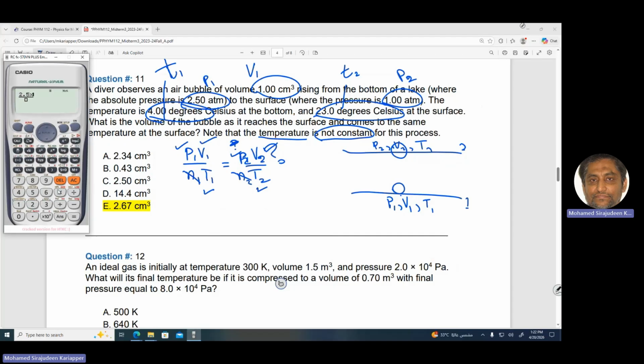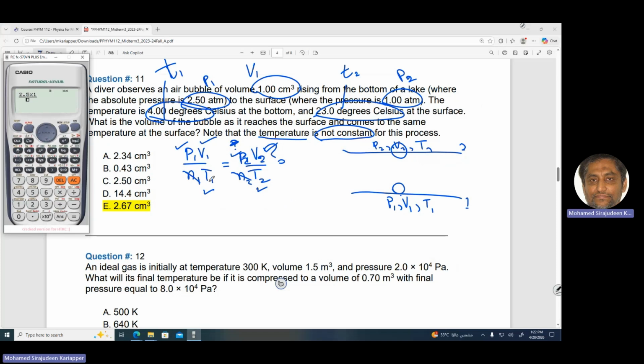Keep in your mind 1 is the initial, at the bottom of the ocean, so it's 2.5. And multiply by V1. V1 is 1. Do I need to convert that to meter cube? We better not, because the answers are in centimeter cube. So if you put V1 in centimeter cube, you'll get the answer V2 also in centimeter cube.